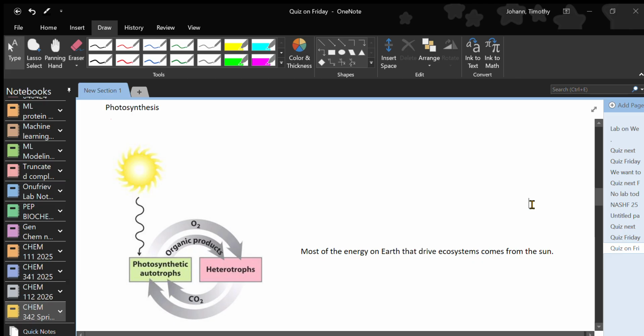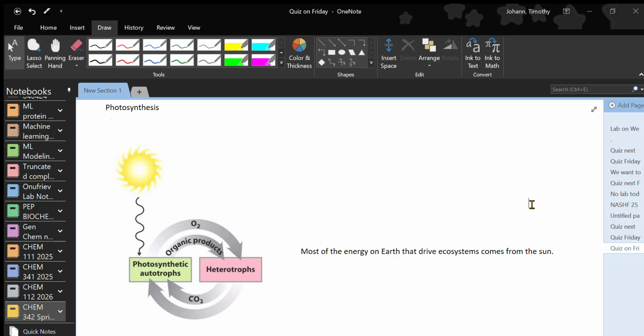All right, so sunlight's absorbed by photosynthetic organisms that make complex molecules, and then heterotrophs, non-photosynthetic organisms, and photosynthetic organisms are going to break down those molecules for energy.